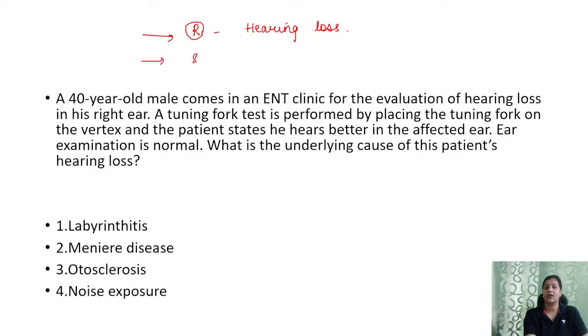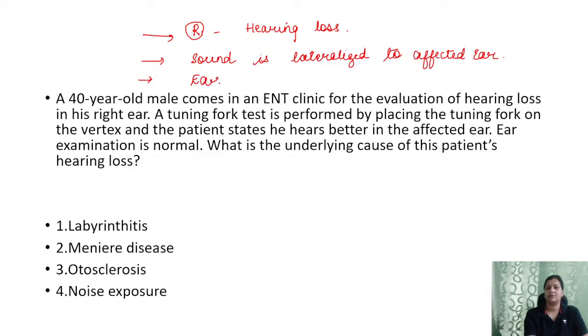So where is the sound getting lateralized? Towards the affected ear. Ear examination is normal. What is the underlying cause of this patient's hearing loss?